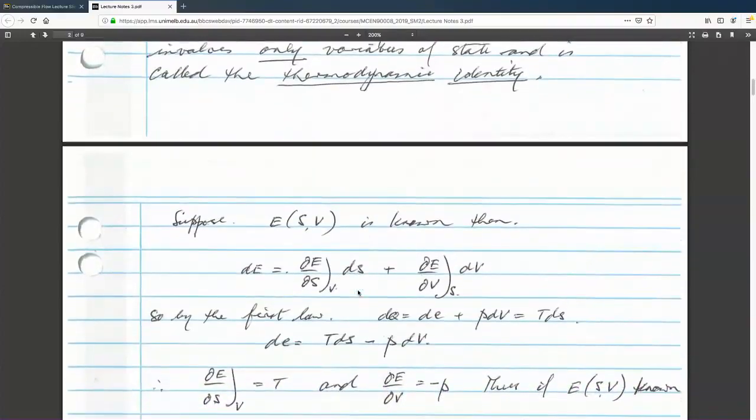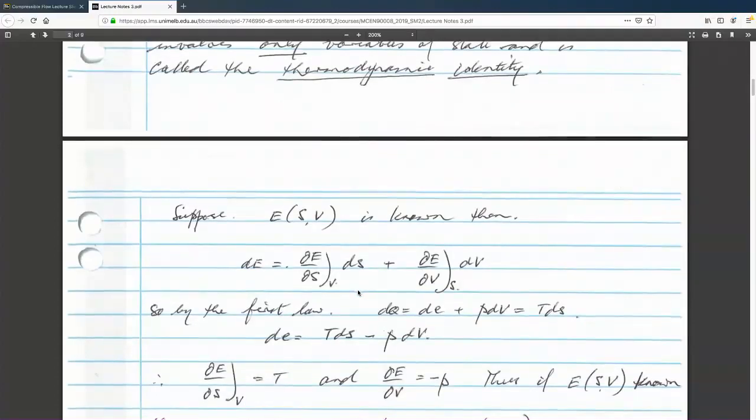So here, let's suppose the internal energy. Supposing you knew it to be a function of the entropy and the volume.